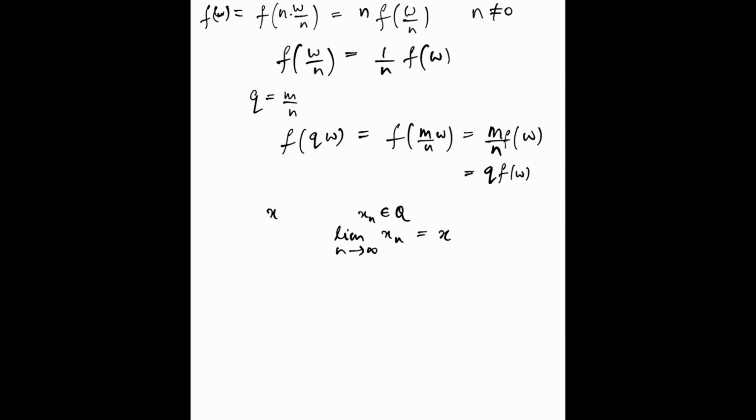This is an extra assumption that I have to make, and then I can get that the value of the convergence of the functions that I have here is actually the value of the function at x itself.